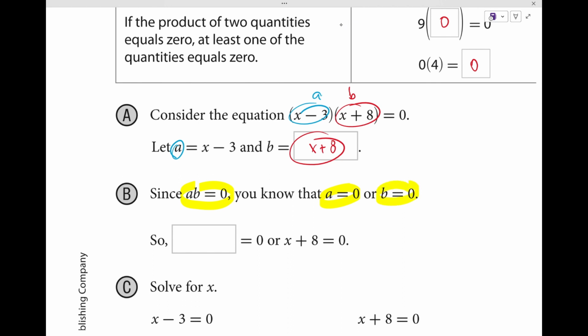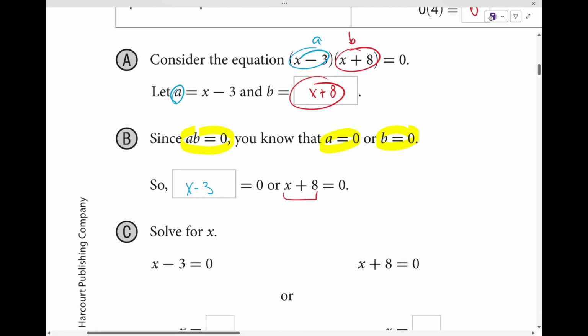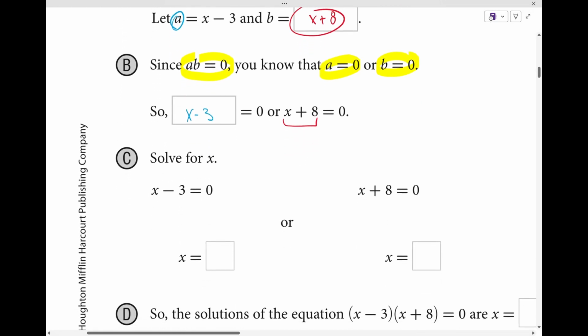We said that A is equal to x minus 3, that factor, and B is x plus 8. What that means is either x minus 3 equals 0, this was our A, or x plus 8 equals 0. If x minus 3 equals 0, I can solve for x by adding 3 on both sides. x has to be 3.